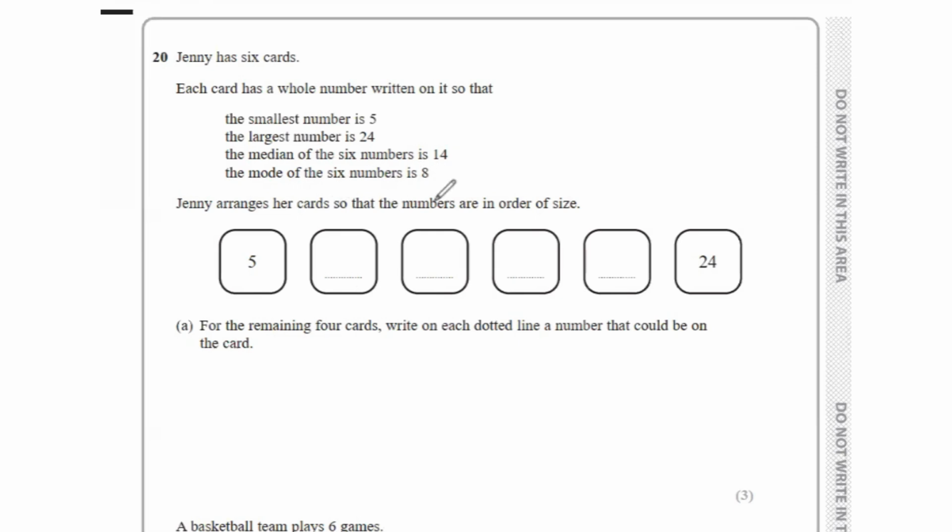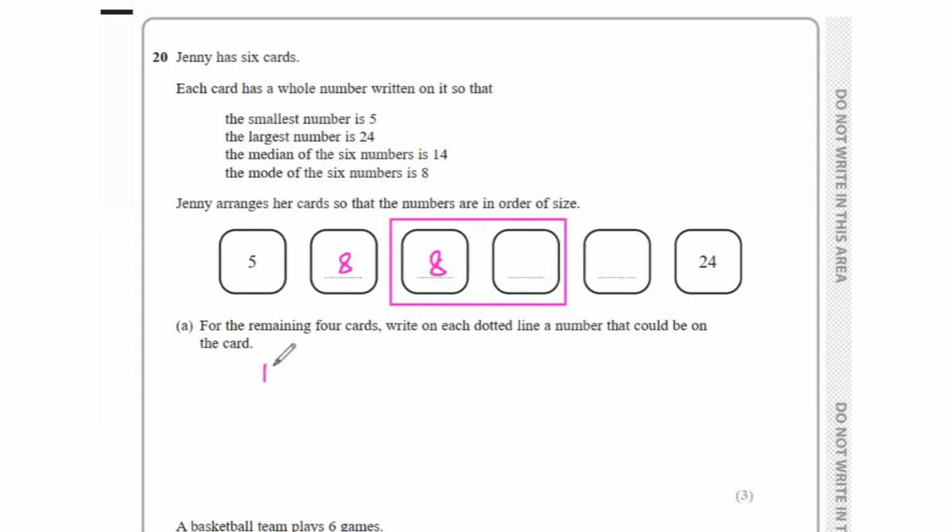So if the mode is 8, that means there have to be at least 2 cards which have 8 written on them. Secondly, they said the median is 14. So the median is going to be the number that's in the middle of these two, so basically the average of these two numbers.